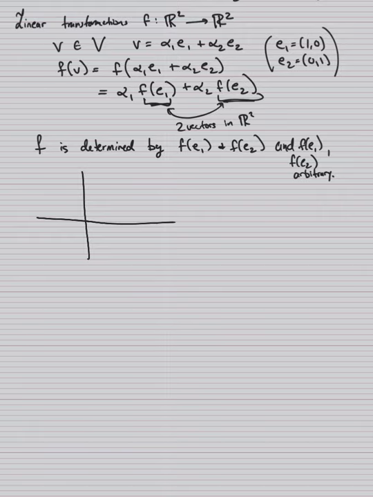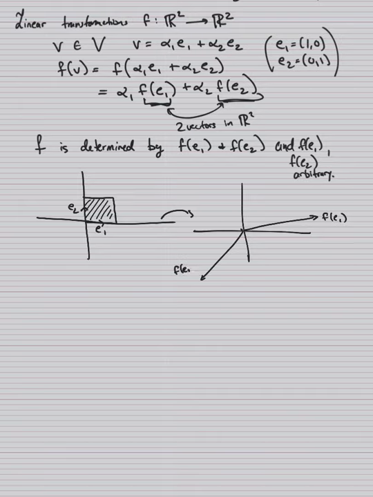So here's maybe the example. We're taking e1, e2. It's usually helpful to draw this box here. A linear transformation will send f of e1 here, f of e2 here, and the box goes here.